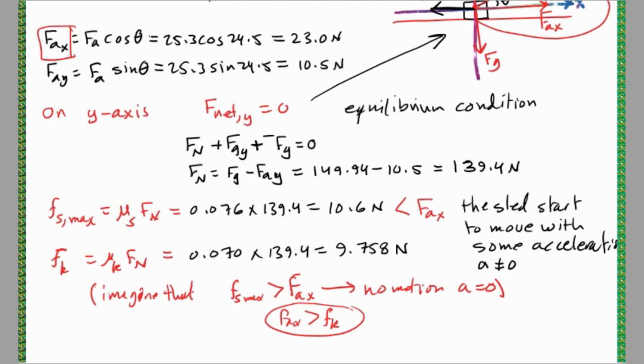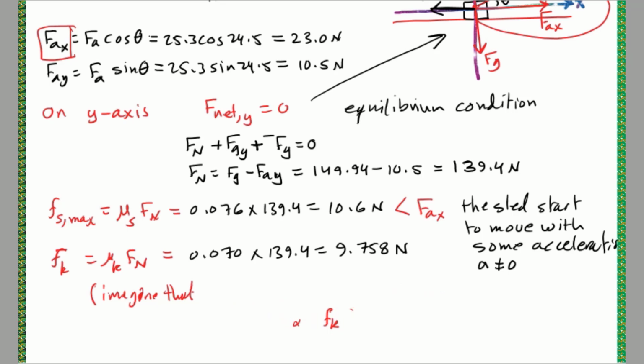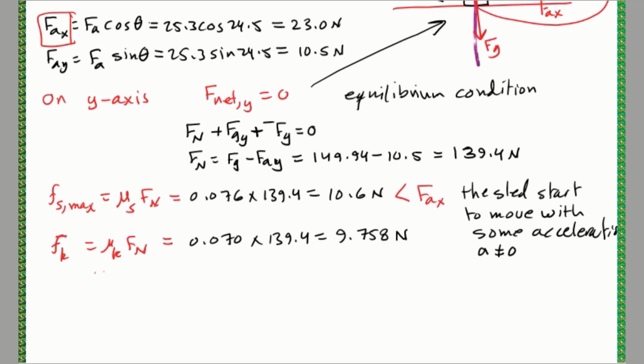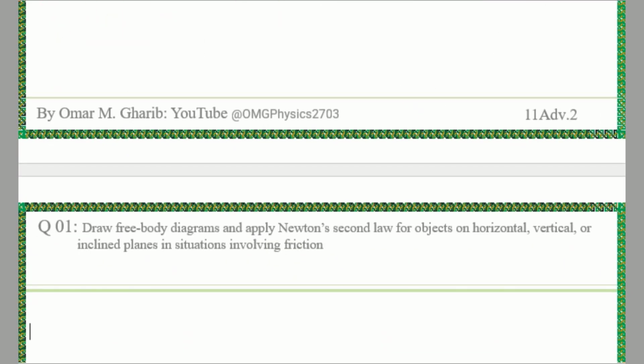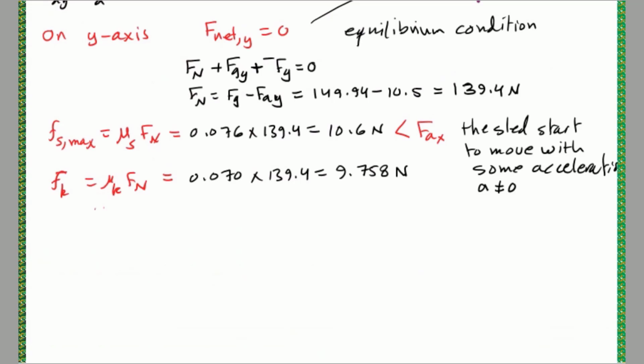To start a motion, Fax should be larger than Fs maximum. I want to erase this, but keep it in your mind. Don't forget this idea. Now we can proceed with the question, or we can start solving the question.